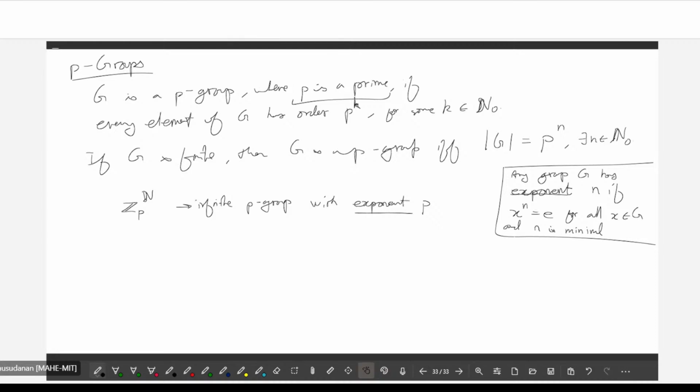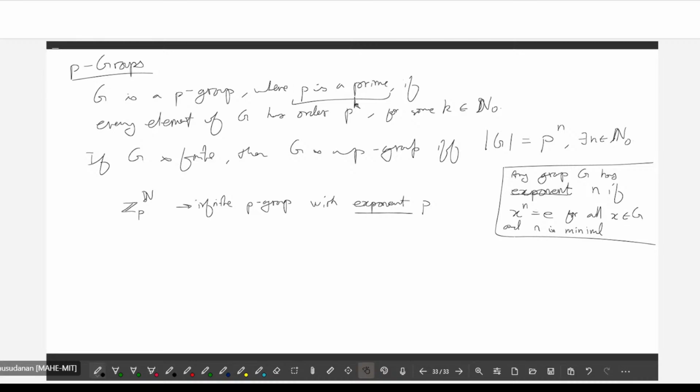Any group G is said to have exponent n if x power n is equal to e for all x in G, and it is the smallest positive integer having this property. I'm not writing the elaborate definition. That's not the same as the order of x, because x is varying over all G.